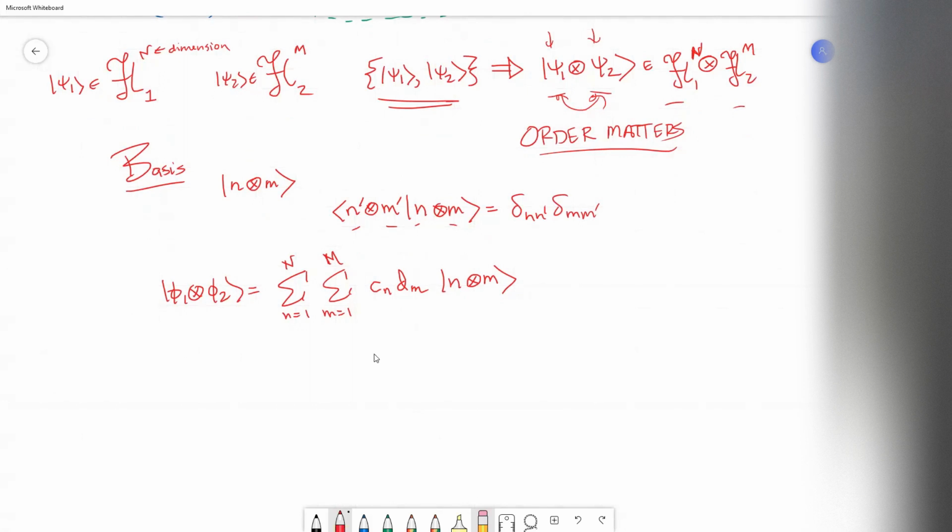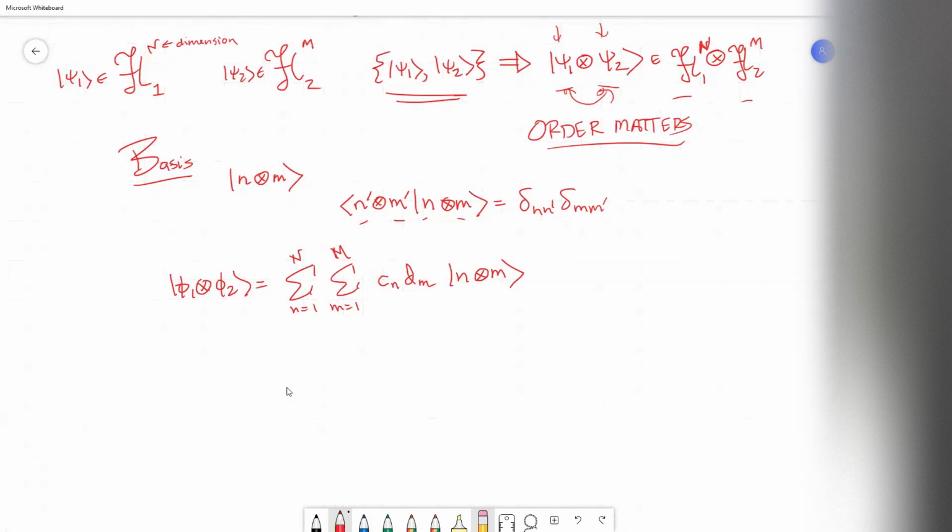And what else is that everything is fine so long as... So the question is, are all states of your composite system expressible like this? Are these all the physical states?